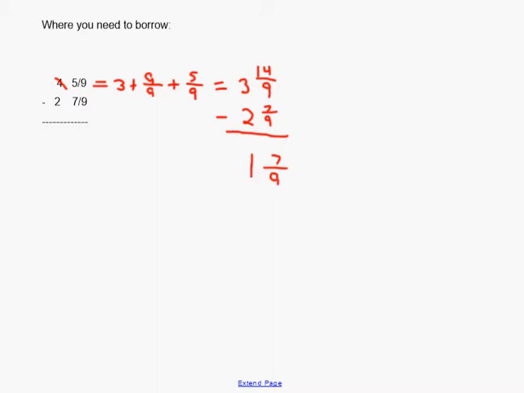Now, suppose that we are subtracting with unlike denominators.